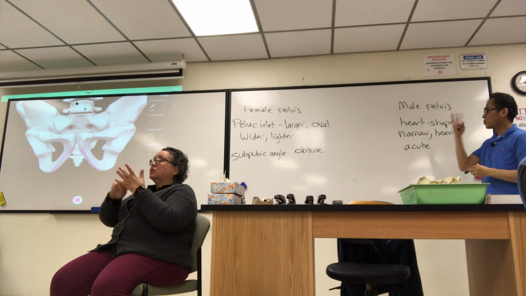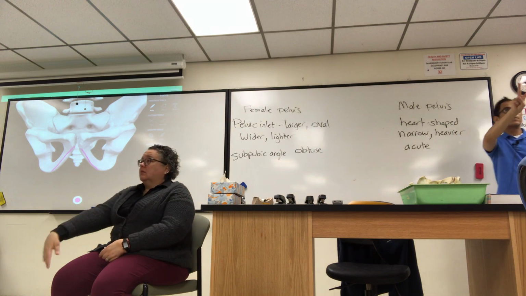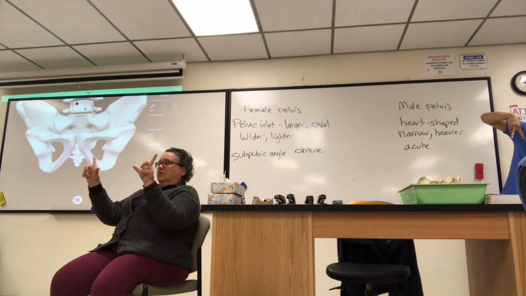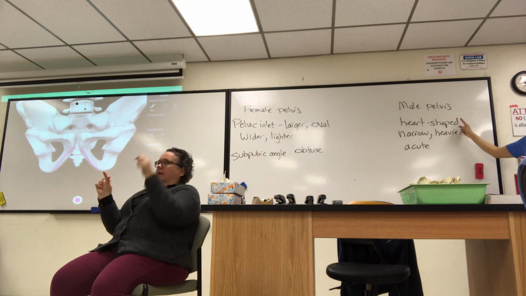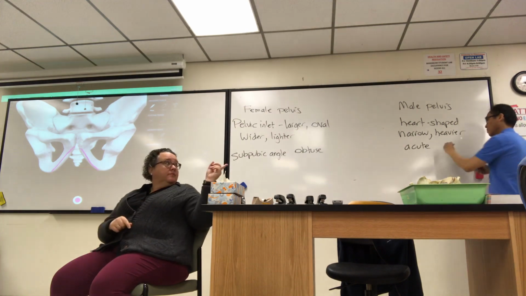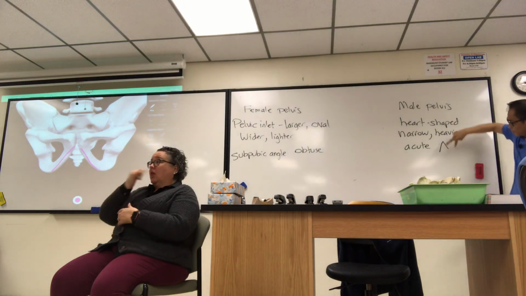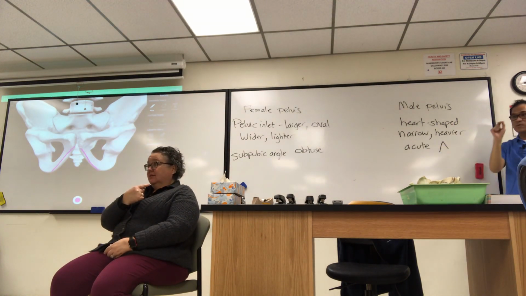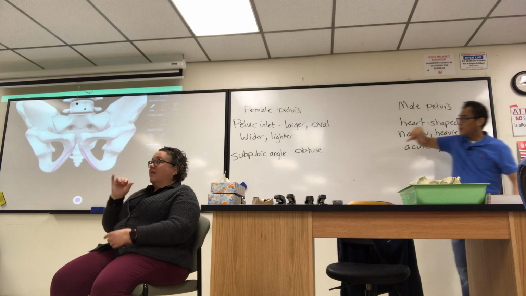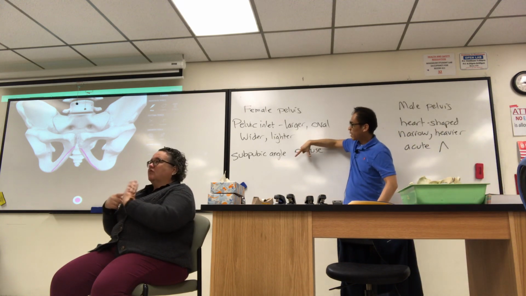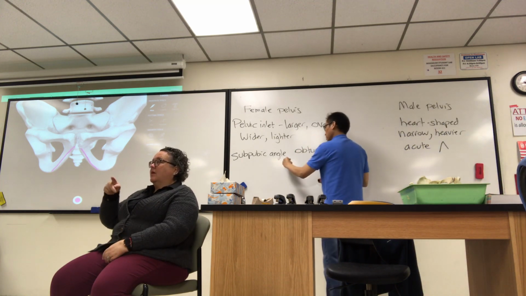Basically do this. Take your two fingers and go like that. This approximates the angle for males. If you take your thumb and index finger and go like that, that wider angle represents the subpubic angle for females. It's more obtuse.